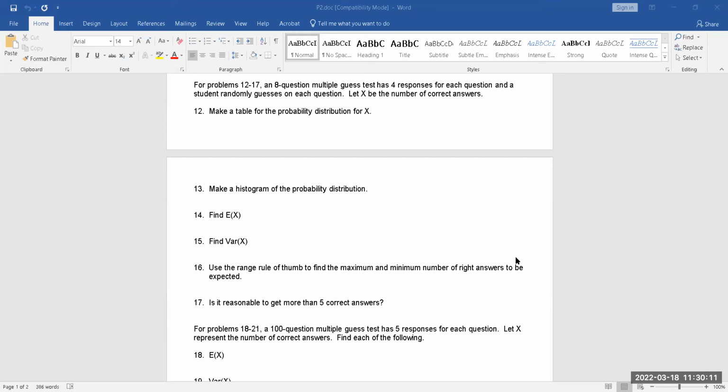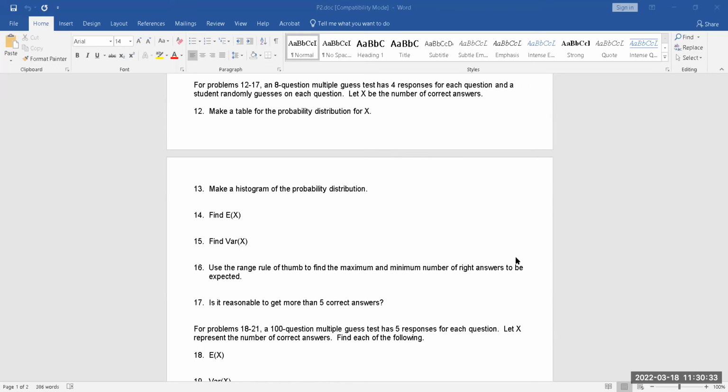The probability of missing all 8 means getting the wrong answer all 8 times, and that is only about 0.1. It's only about 10% likely to happen. You're probably going to get something right.